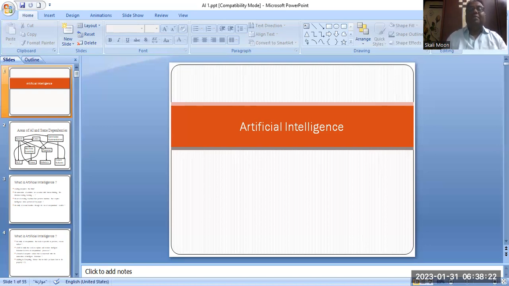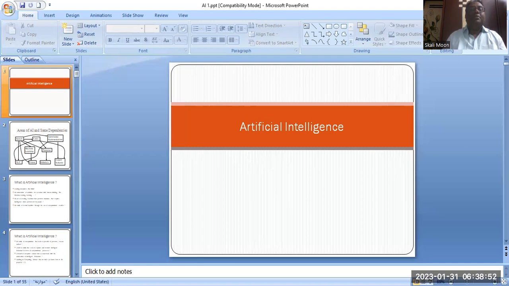Mathematics formalizes the three main areas of artificial intelligence: computation, logic, and probability. Psychology: how do humans think and act? The study of human reasoning and acting provides the reasoning models for artificial intelligence, and strengthens the idea that humans and other animals can be considered as information processing machines. Computer engineering, next control theory, cybernetics, linguistics.